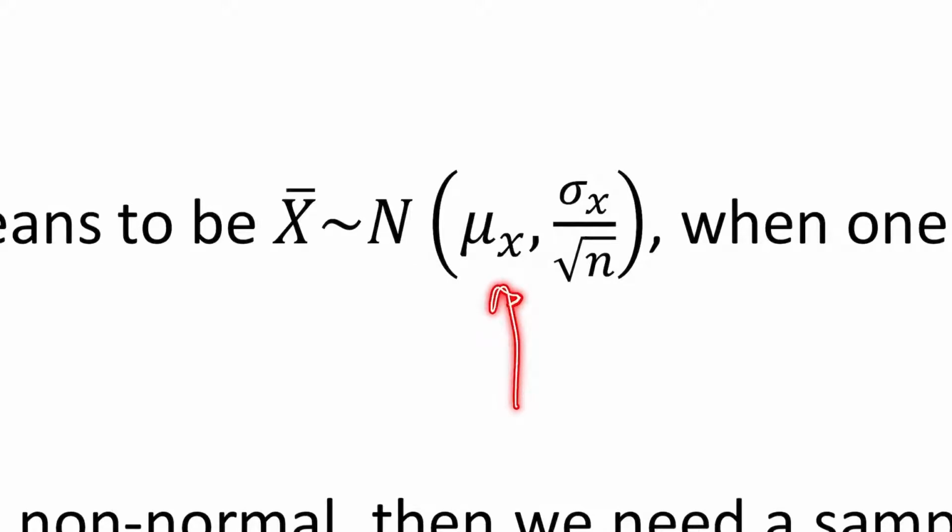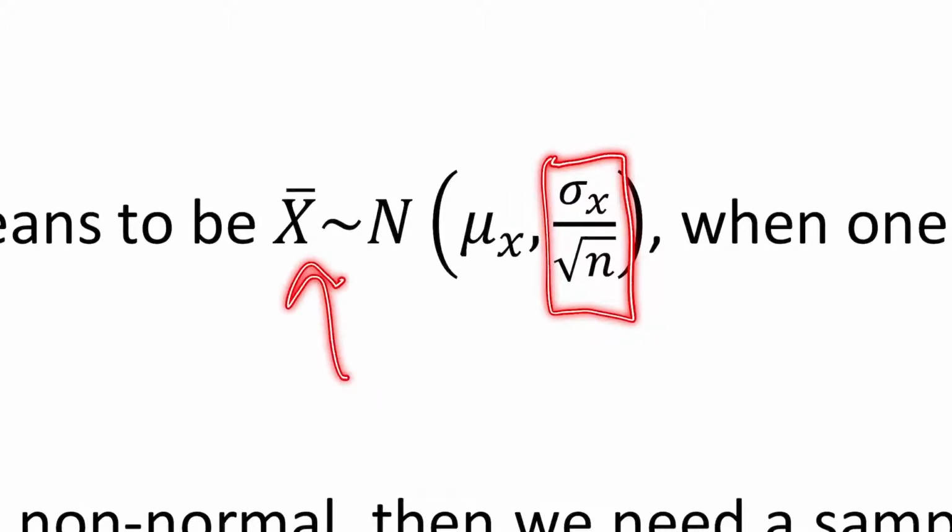So whatever the population mean is, is the mean of the normal model of my sample means. Lots of means. And then for the standard deviation, if I take the population standard deviation and divide it by the square root of n, that is the standard deviation of the sampling distribution of x bars.